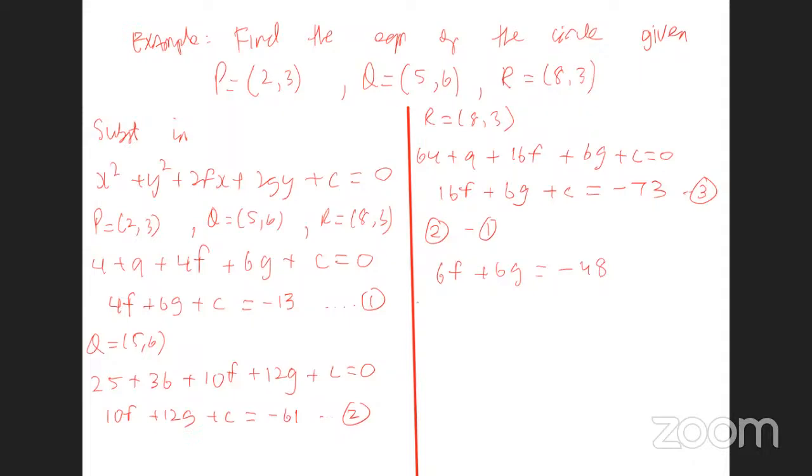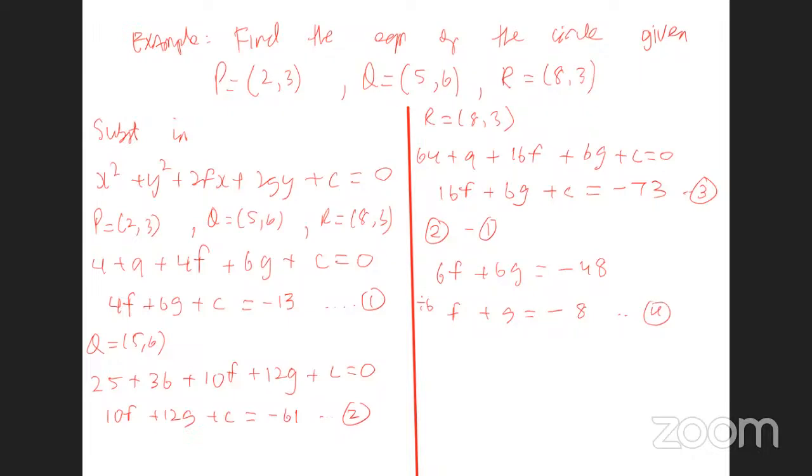If I divide by 6, let's just make sure you don't have to multiply it back. Oh, look again, you can just do 3 and 1. Anyway, F plus G is equal to minus 8. Let's call that equation 4.